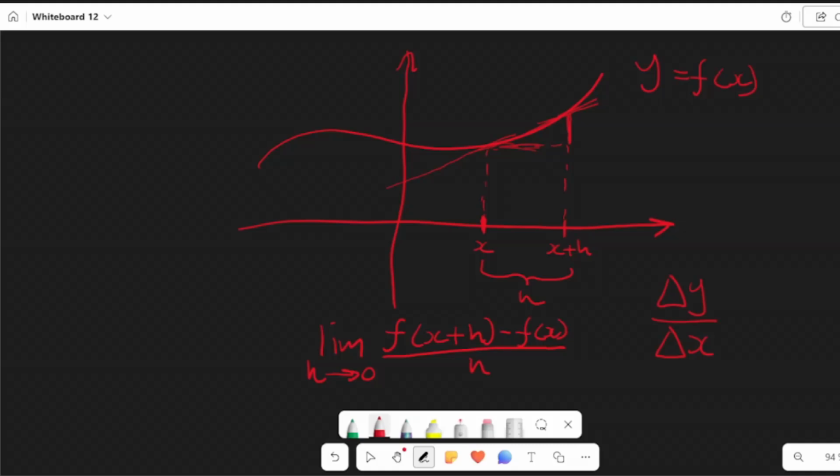And what the derivative does is we're letting the difference go more and more to 0. So we're letting it approach 0.